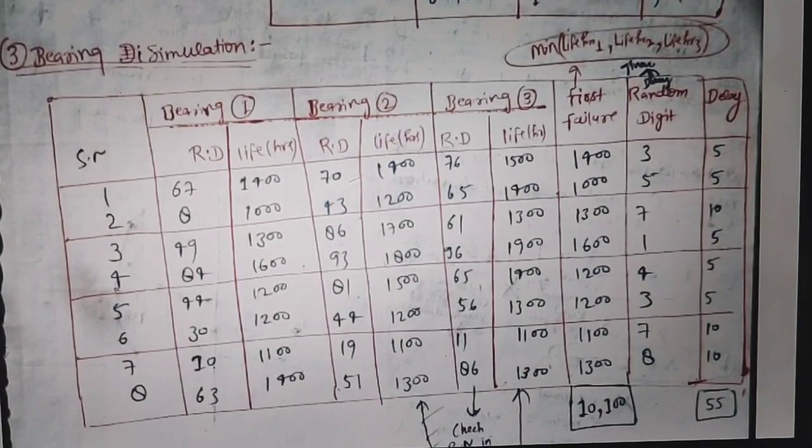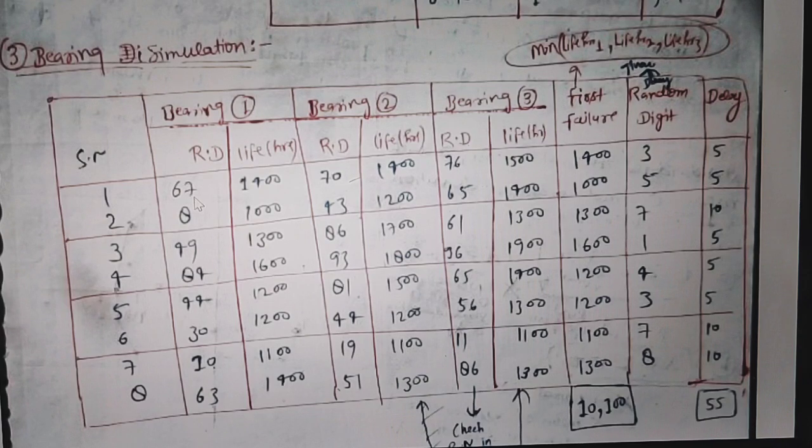Now we have to simulate the bearings. Here for bearing 1 I have calculated this one, for bearing 2 this one, and for bearing 3 this one. Then the first time failure, with the random digit and the corresponding delay.